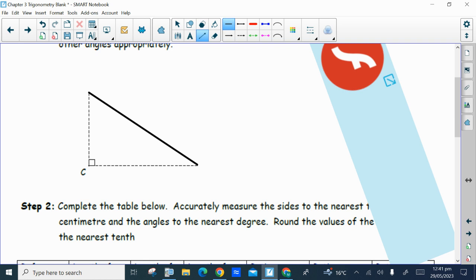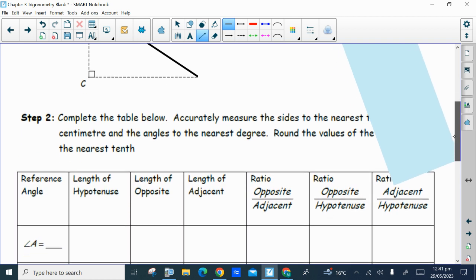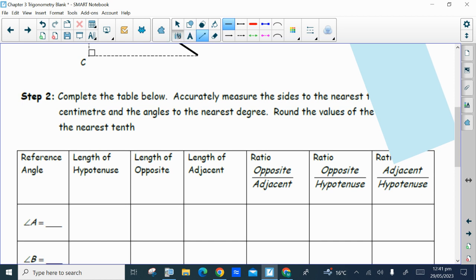So on your page, if you draw your hypotenuse and then you use a ruler and you measure the lengths of the sides. So the length of the hypotenuse, if you use a ruler, will be 6.4 centimeters. So let's write that in there.